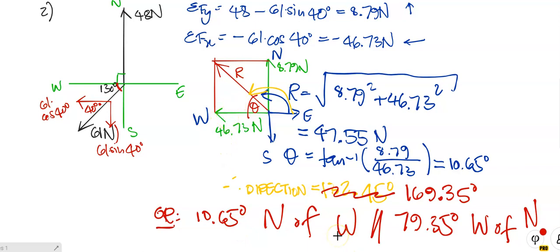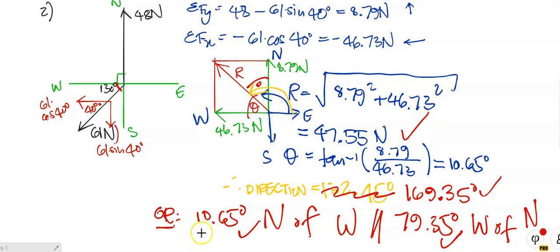Or if you want to use the angle inside here, of course it will be 90 minus that one, or you can say it's 79.35 degrees west of north. So when I mark this, I'm either going to check this one or that one or that one. I'm saying it again: if you tell me the resultant is 47.55 Newton, that will be correct.